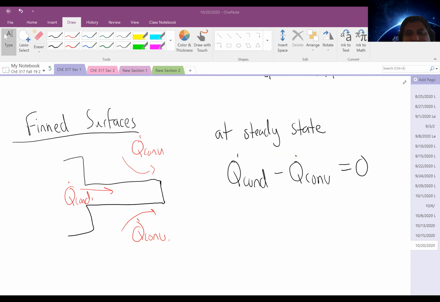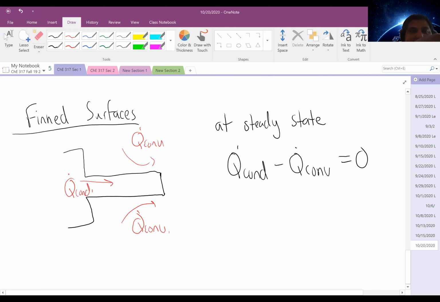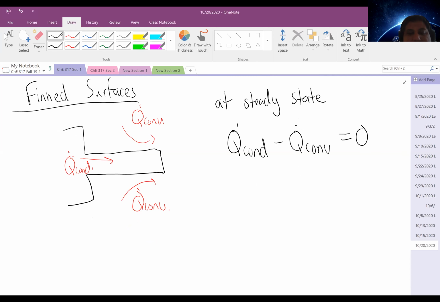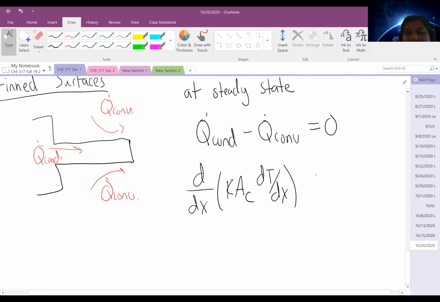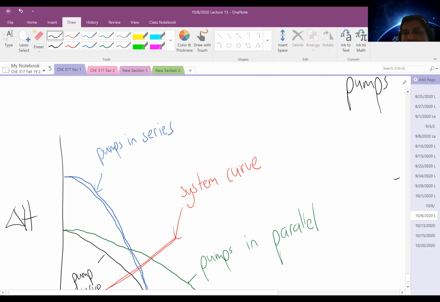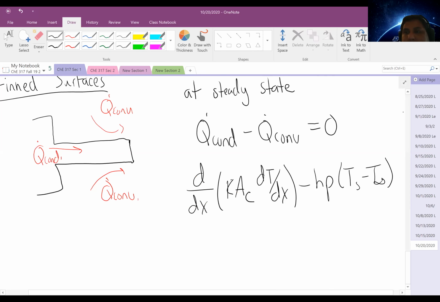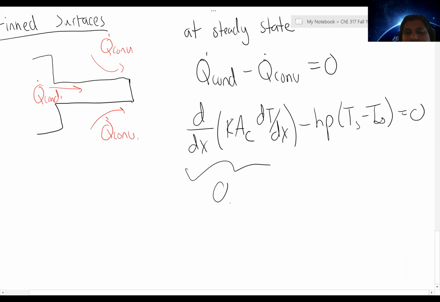We can write a differential expression for this, looking at the differential along the surface as a function of the conduction that occurs minus the convection that occurs out of the fin. So we have conduction, convection.